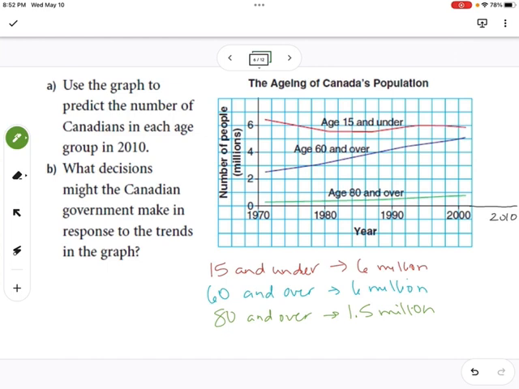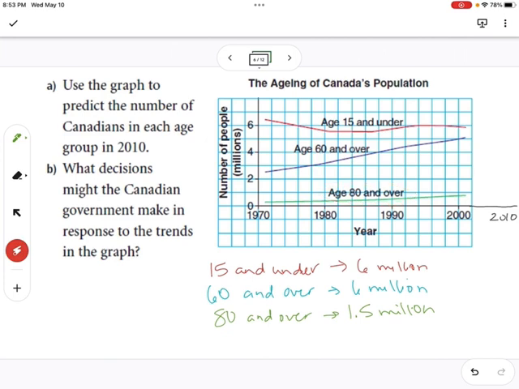If we're thinking about the group that is 15 and under, those are children that are not working, they are still living at home. The age group that's 60 and over, at 60 you might be reaching the age of retirement. And then 80, you're in retirement.